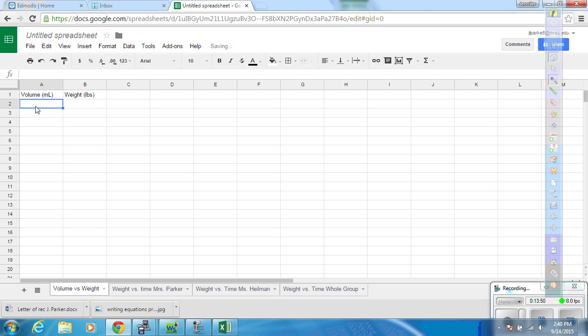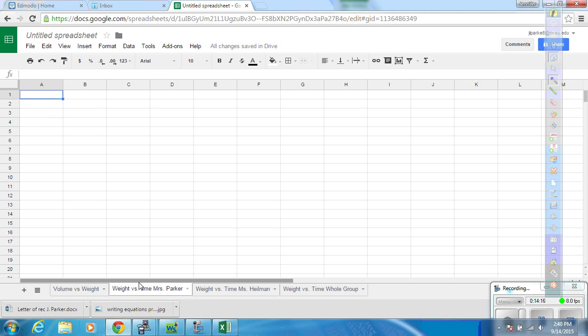And so if we found that 2,000 milliliters was 10 pounds, or 3,000 milliliters was 12 pounds, or 5,000 milliliters was roughly 30 pounds, something like that, we can put our data in here.